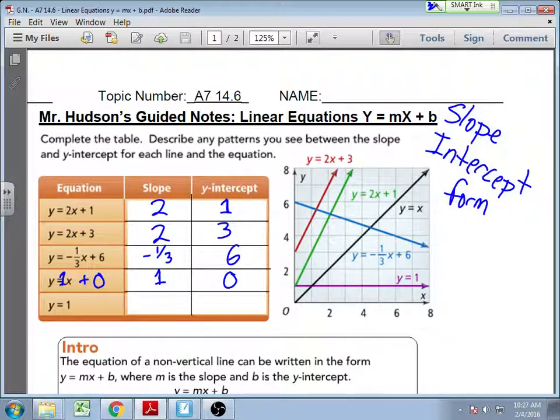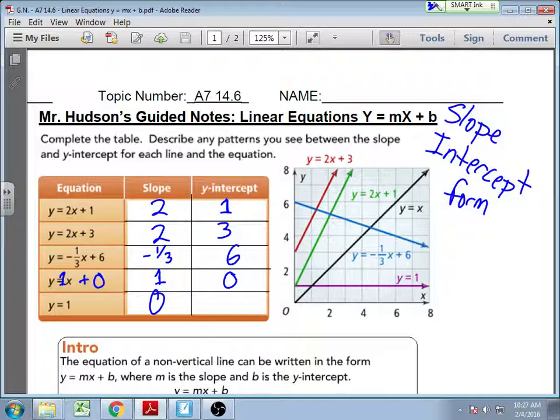What about my last one? What's the slope there? What's the coefficient to x? Is there an x there? No, sorry. What's the coefficient? 0. If there's no x there, 0.